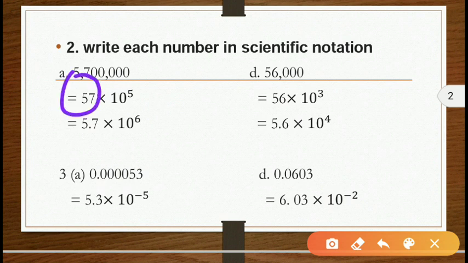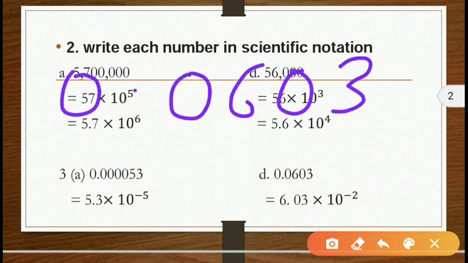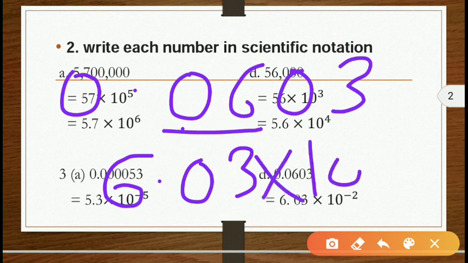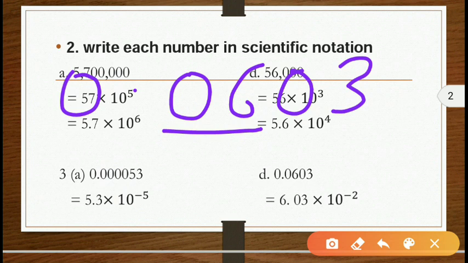Suppose this question, 0.0603. You want to shift your decimal here after the 6. How many digits are you crossing? You are crossing 1 and 2 digits. So you can write 6.03 into 10 to the power minus 2. If you want to shift your decimal here after 0, how many digits are you crossing? 1 2 3, so 10 to the power minus 3.